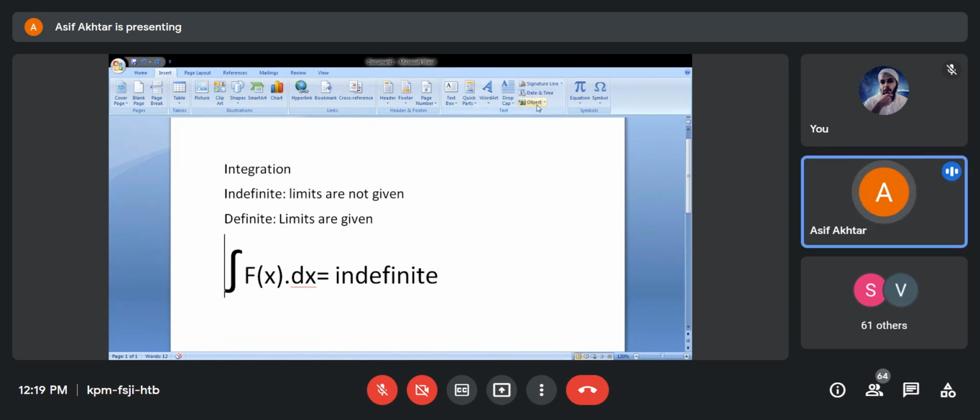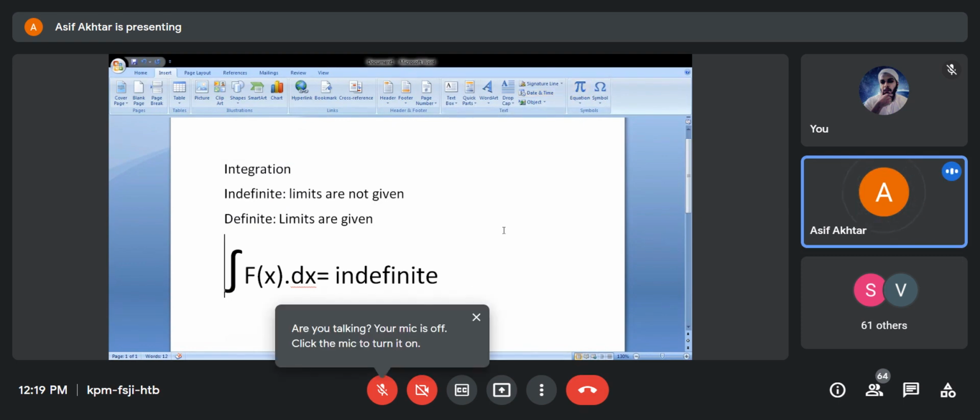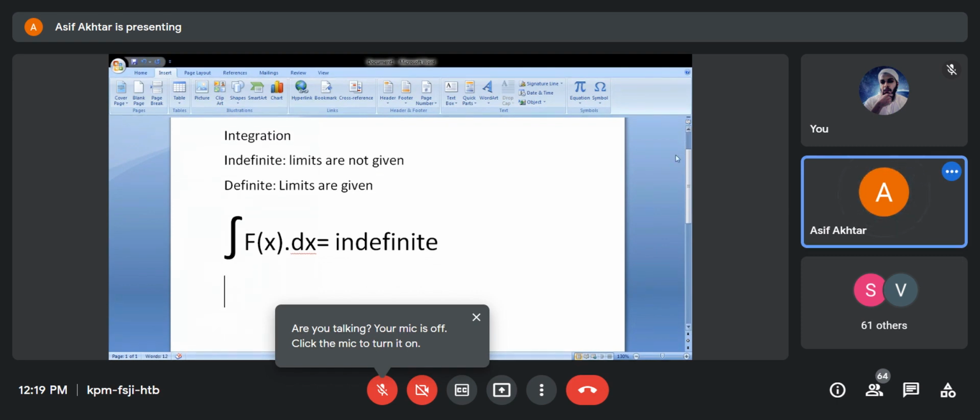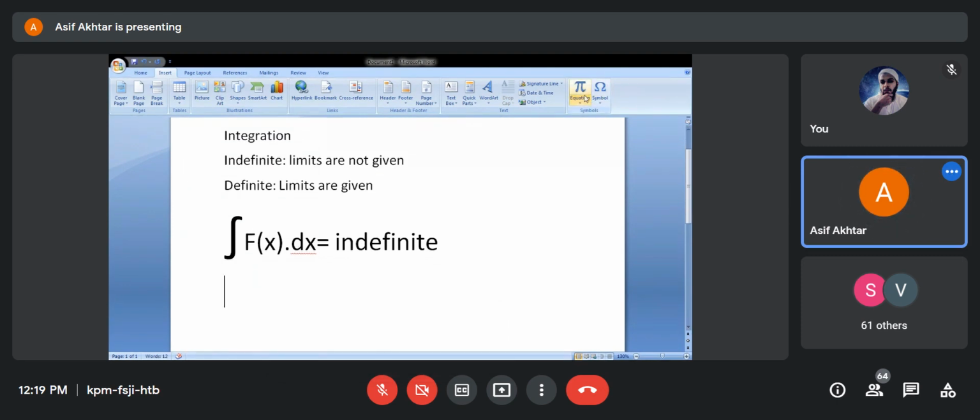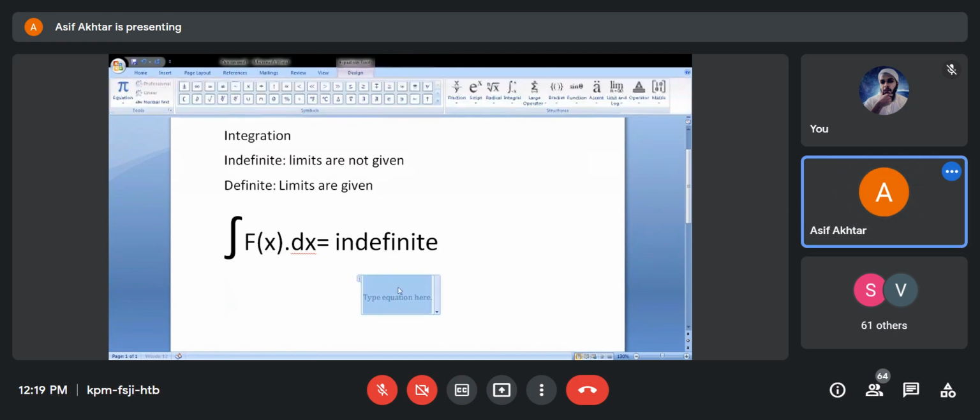Okay, so I'm using this one. We have equations, and then we have this.